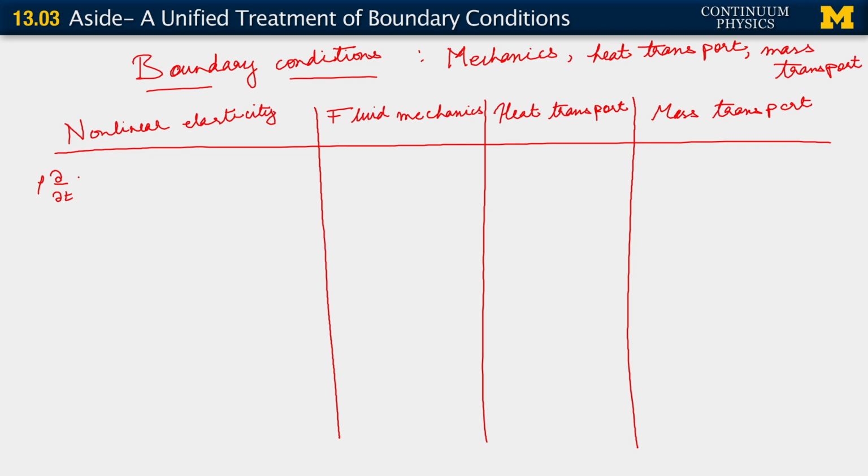Let me do it this way. We had here the first derivative with respect to time of the velocity, but then we're doing this remembering that little x is equal to phi of capital X and time, right? So this really is a material time derivative of the velocity is equal to the divergence of sigma plus a body force. Okay. In the context of fluid mechanics also the problem is the same.